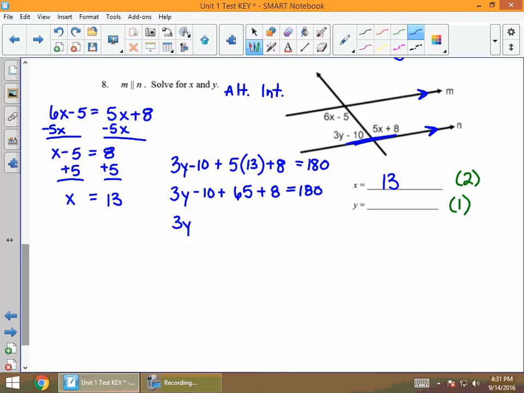So 3y, if I do negative 10 plus 65 is 55, plus 8 is 63, equals 180. Subtract 63 on both sides, so 3y is 117, and then divide both sides by 3, and y is 39.